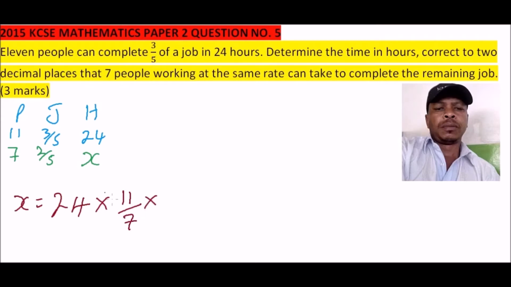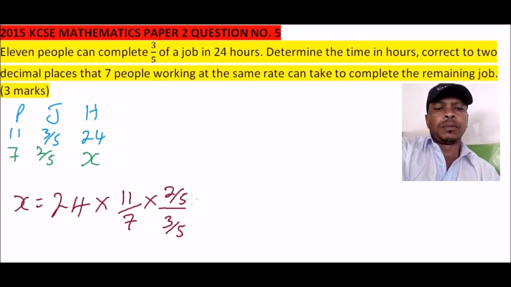Then, the job remaining is less than the job that was done, meaning they should take less hours, and therefore we are supposed to divide by 2 over 5. We divide by 3 over 5. The job will reduce in that ratio.